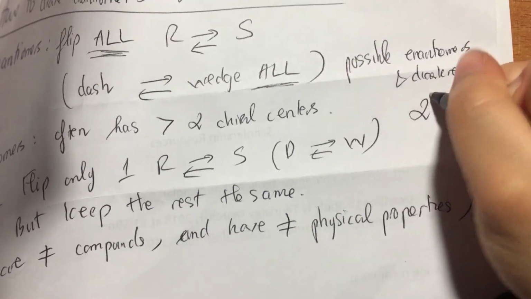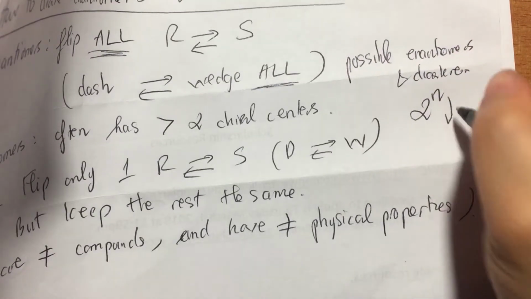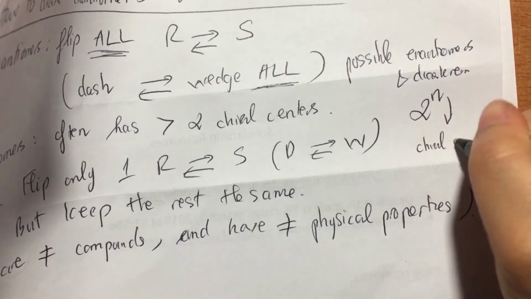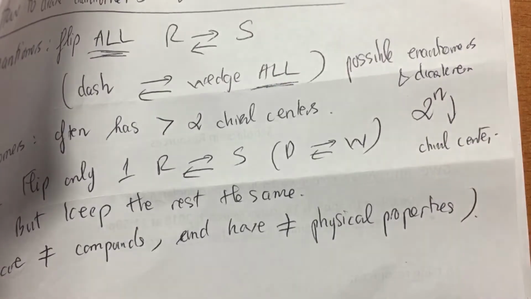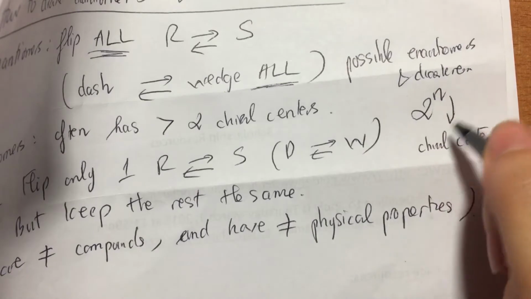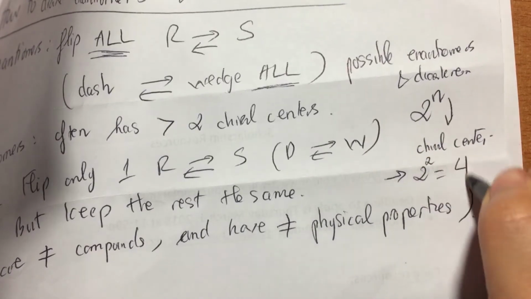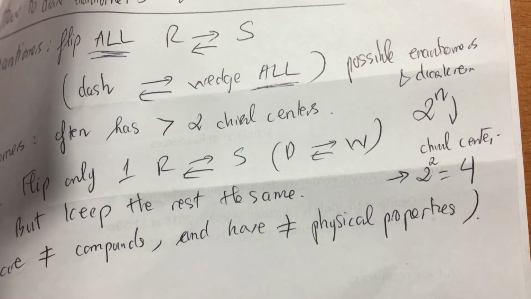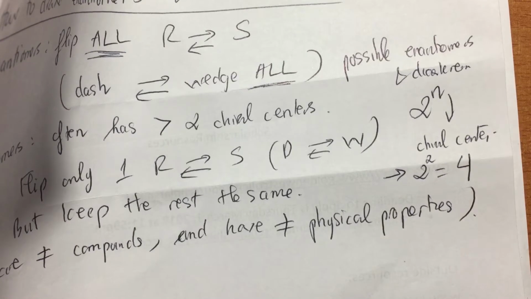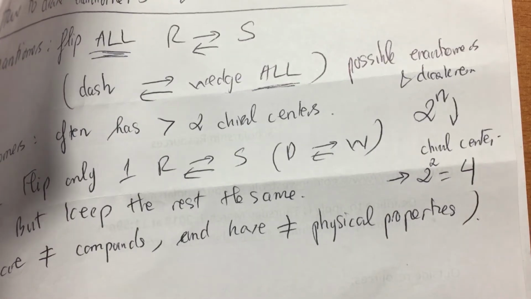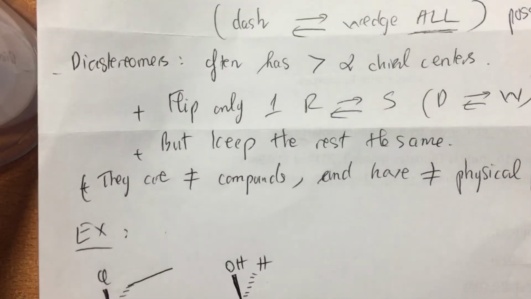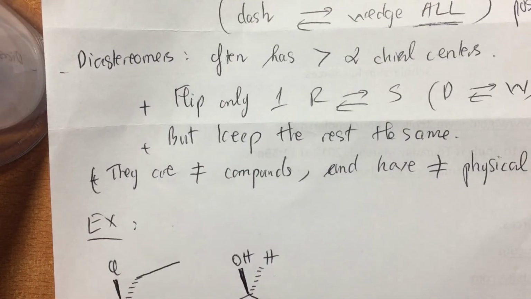The formula is 2 to the n, where n is the number of chiral centers. So for example, if I have 2 chiral centers, then I have 2 squared, which equals 4 possible enantiomers and diastereomers. But if you have a meso compound, then this number may be less than 4. So let's go through some examples so we understand it better.